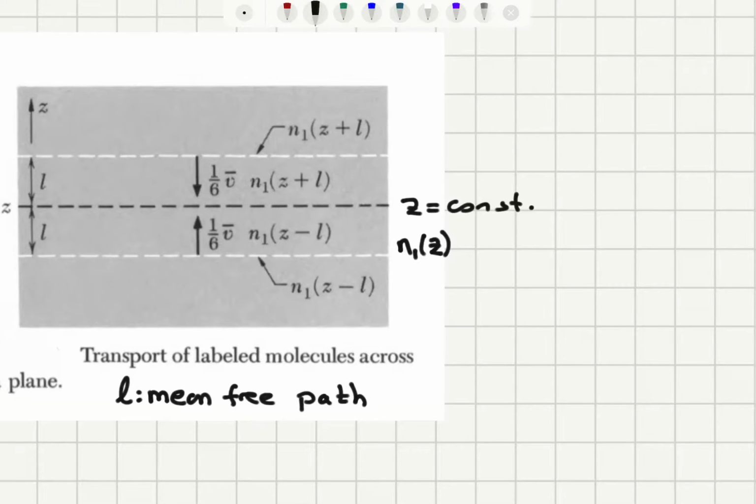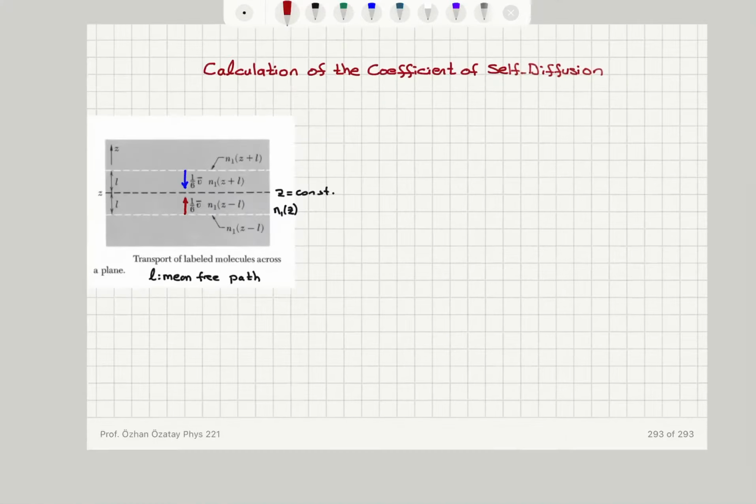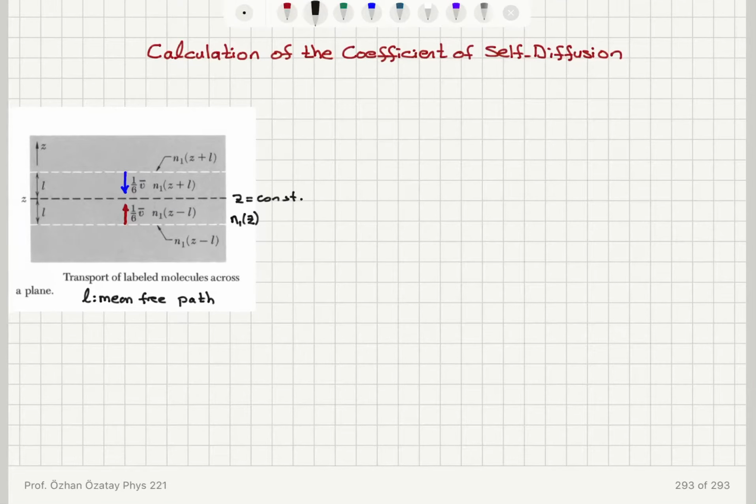And these molecules basically had their last collision at Z plus L, and the molecules coming from below the Z equals constant plane had their last collision at Z minus L. So the concentration of the molecules did not change in the distance Z to Z plus L and Z to Z minus L. So that's our assumption, because that's the way the molecules scatter off.